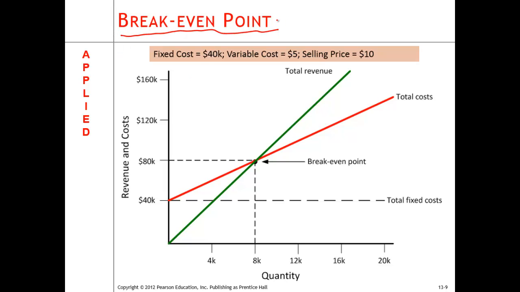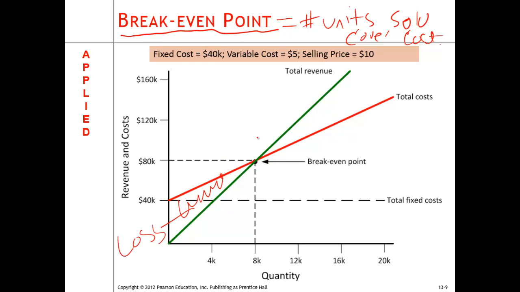A break-even point is the number of units that a company needs to sell in order to cover all of its costs. Every unit sold after the break-even point will yield a profit for the firm. But until that break-even point is reached, the company is operating at a loss. After that break-even point, the company operates at a profit.